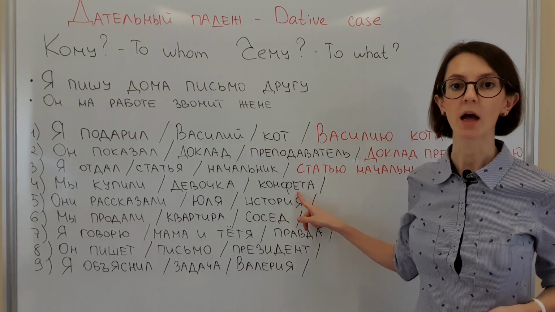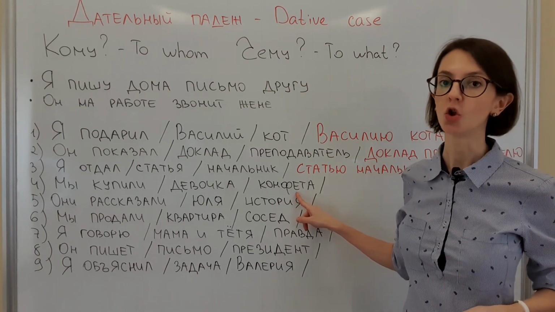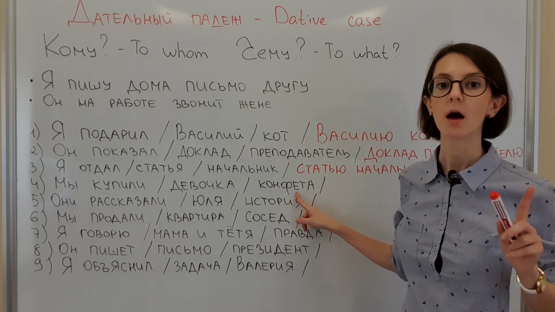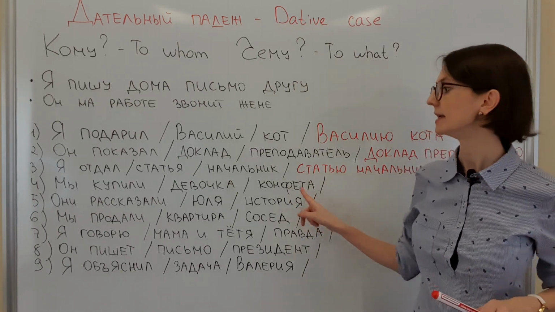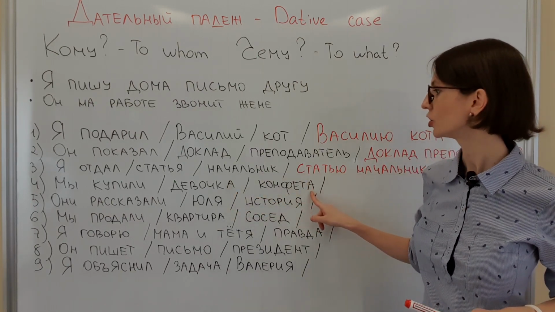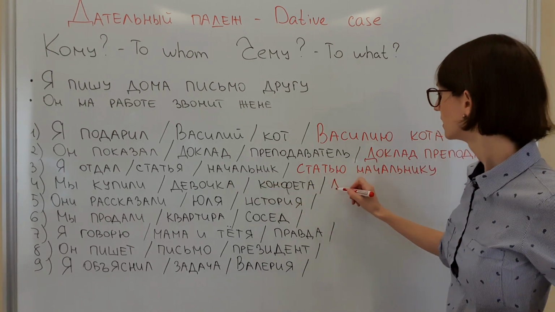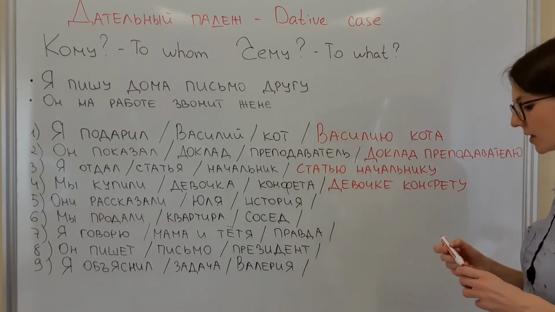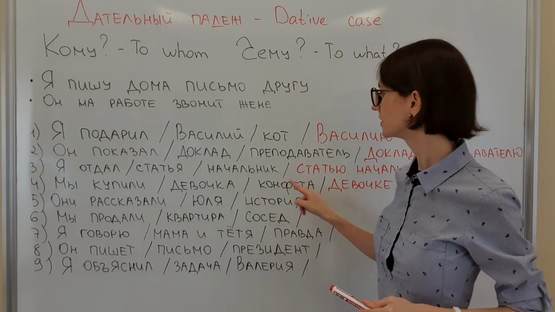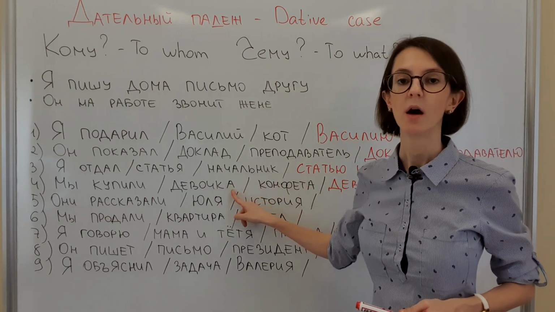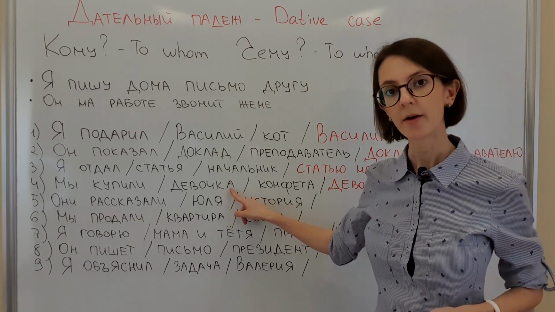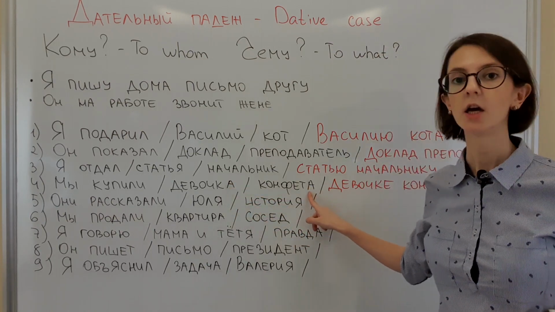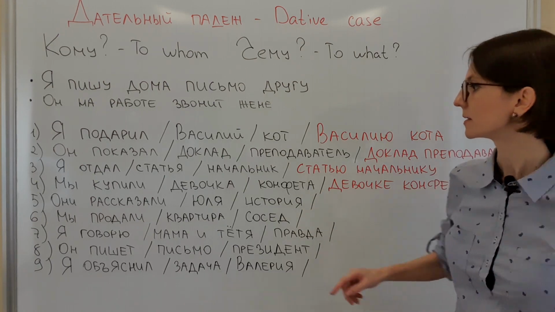Мы купили конфету. This is a non-living object, but it is feminine. That's why we changed to у. Мы купили девочке конфету. So in this case, you can see how differently we decline feminine nouns in different cases. Девочке, dative case, конфету, accusative case.